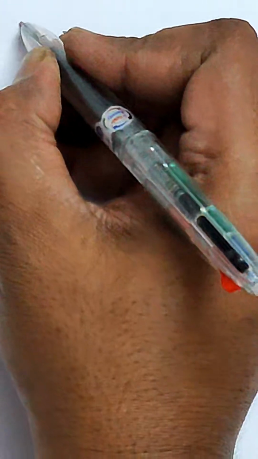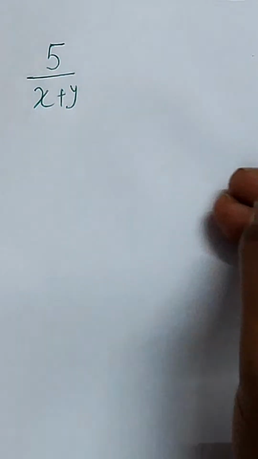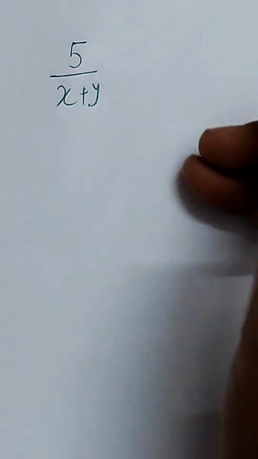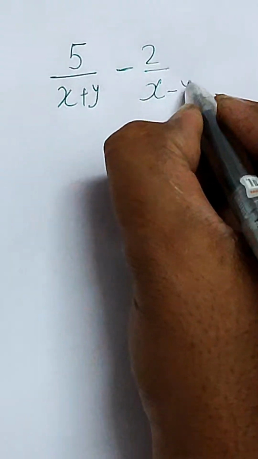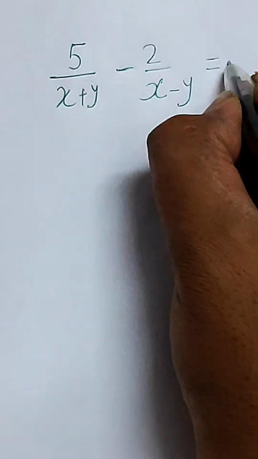The second question is that 5 by (x plus y) minus 2 by (x minus y) is equal to minus 1.